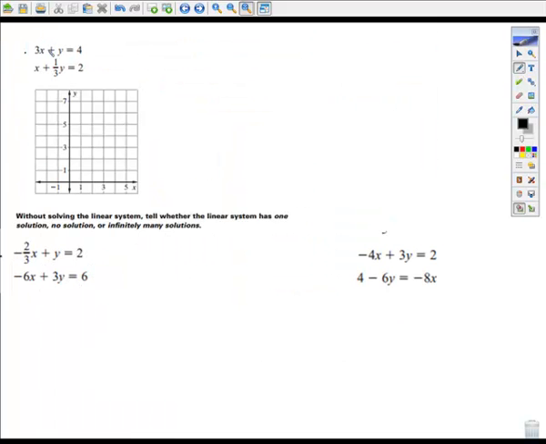Let's try another one. This one right here, I'm going to go ahead and subtract the 3x. So my y-intercept is 4 with a slope of -3. And the other one, I will subtract the 1x, multiply everything by 3.